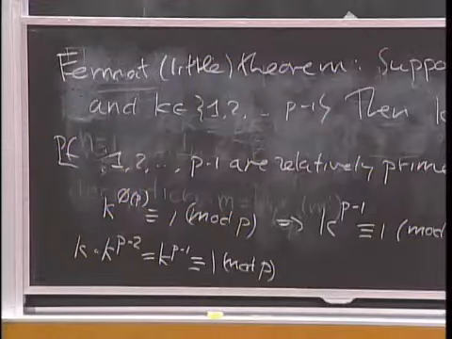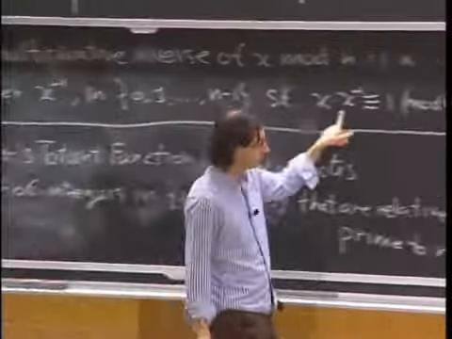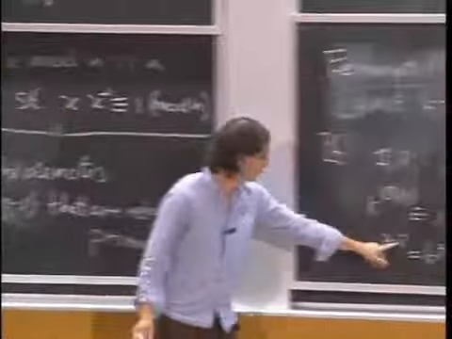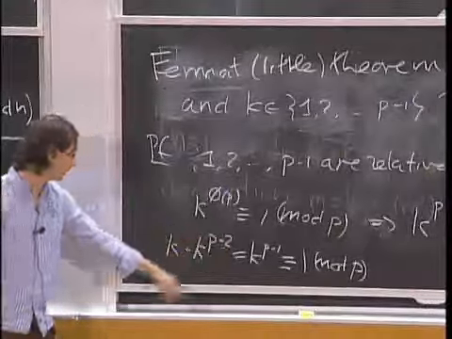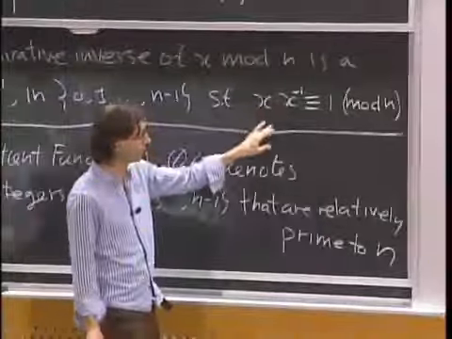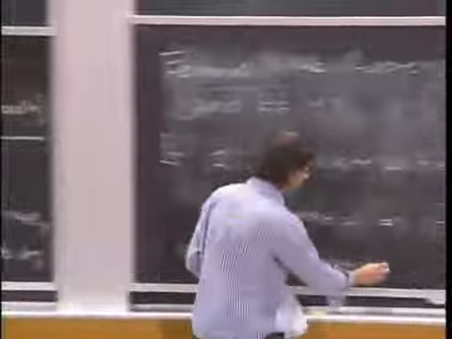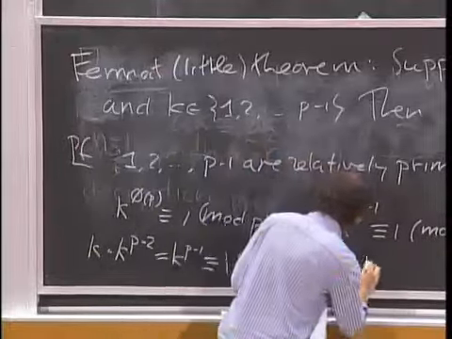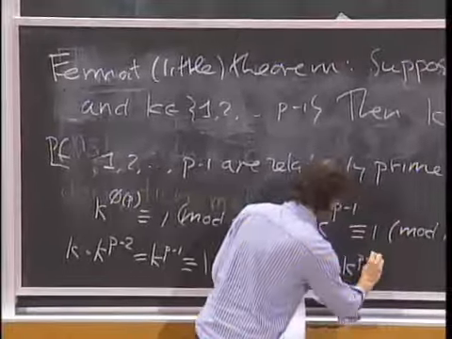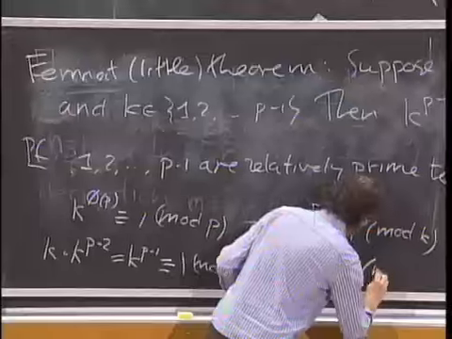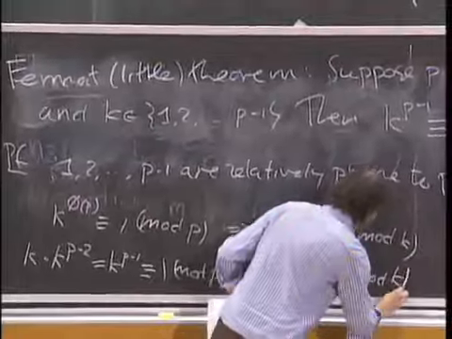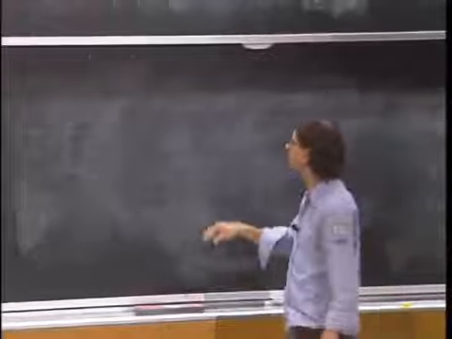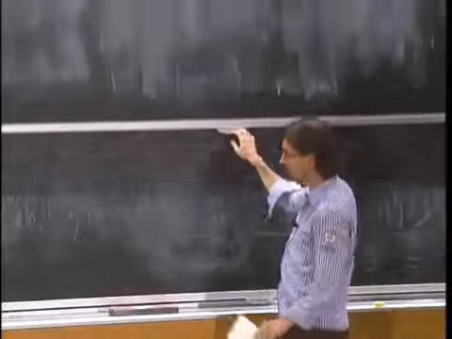So now when we look at the definition of multiplicative inverse, we see that k to the power p minus 2 is actually the multiplicative inverse of k. So k inverse is actually equal to k to the power p minus 2 modulo p. All right, so this theorem we're going to use now in the description of RSA.